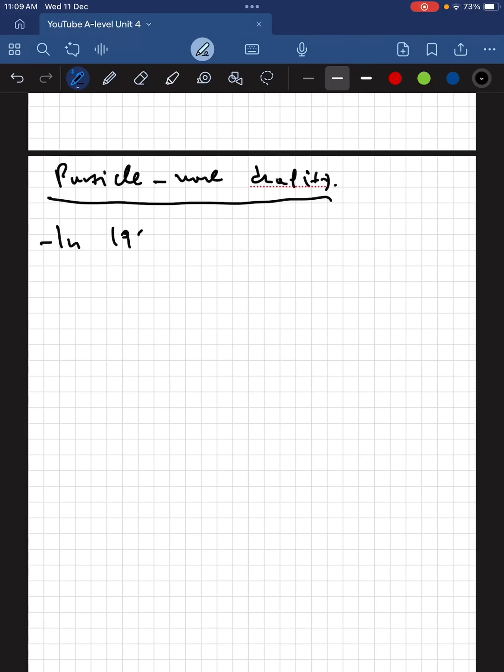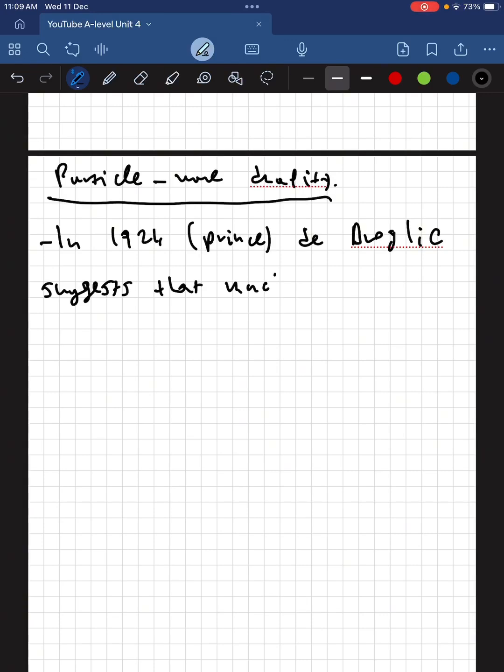So in 1924, I'm gonna call him Prince de Broglie because he came from an aristocratic family, suggests that much like light, which is a wave, behaves as a particle.